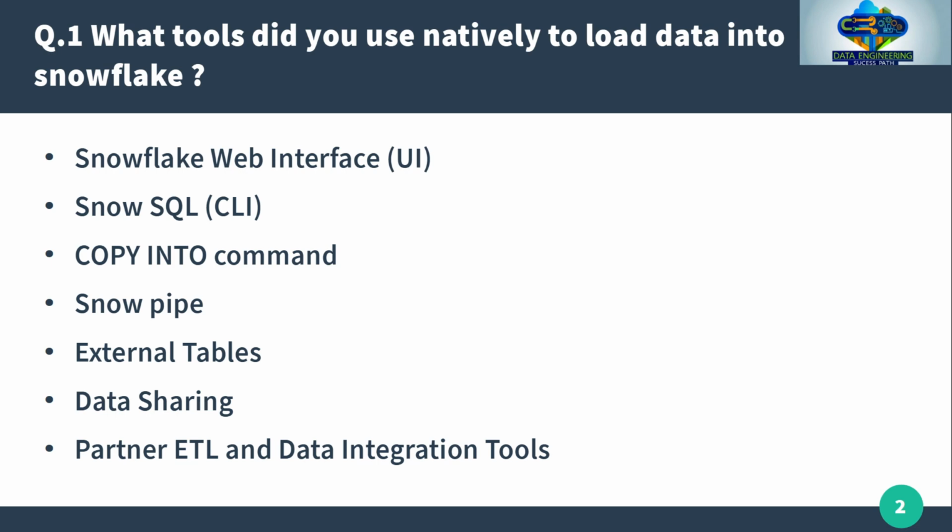First of all is using the Snowflake web interface UI. For quick and small manual uploads, the Snowflake web interface allows you to upload data files like CSV, JSON or any Parquet format files directly into a stage, which is a temporary storage area, and then use the copy command to load the data into Snowflake tables.